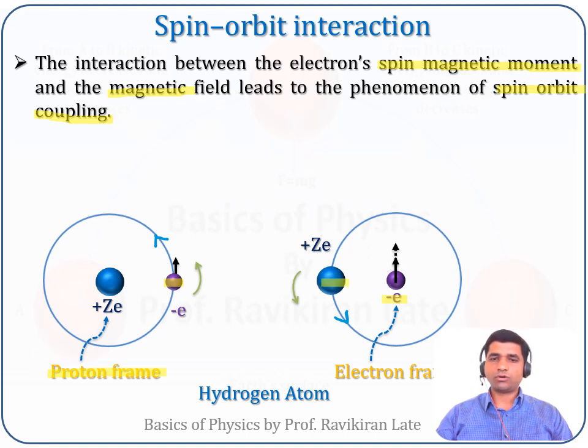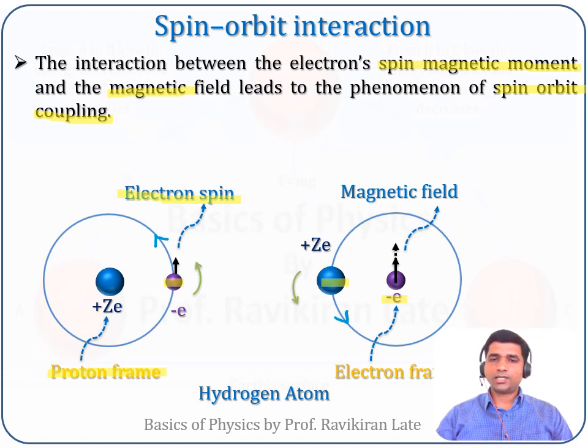Okay, that is the electron frame of reference. Now in this one we know that the electron has an intrinsic spin, so associated with that it will have a spin magnetic dipole moment, and when we are looking from an electron frame of reference, this nucleus moves around the electron.